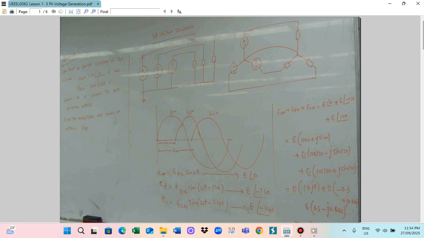So this becomes E times 1 plus j0, plus E times minus 0.5 plus j 0.866, plus E times minus 0.5 minus j 0.866. So everything becomes 0. This way, when you combine all three phase voltages, the sum is 0.